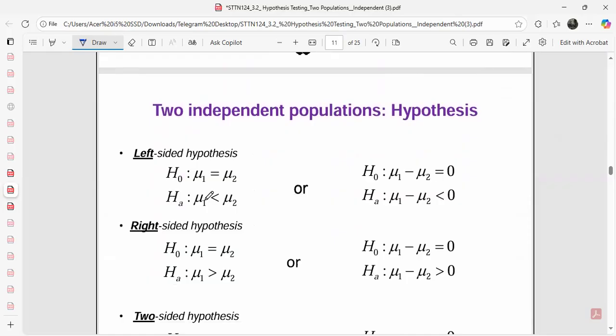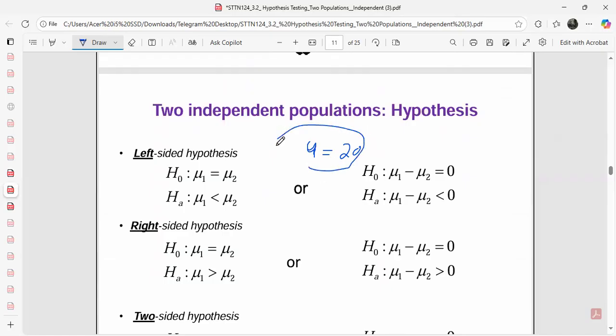Also, since we're dealing with two populations, you saw that with one population, when we formulated, we used to say the population mean is equal to, say, 20.